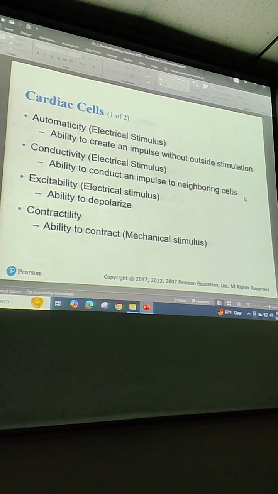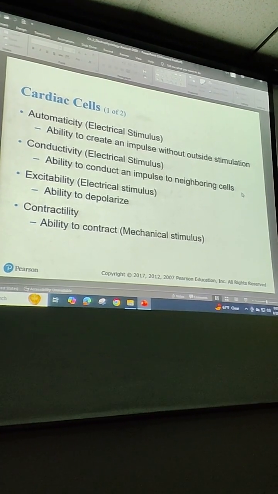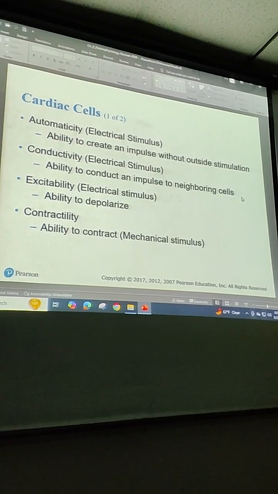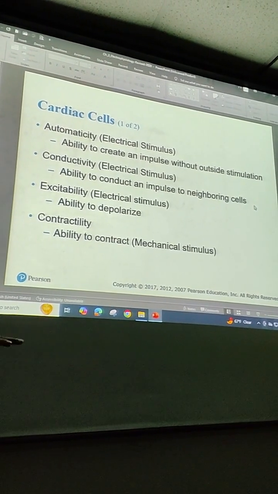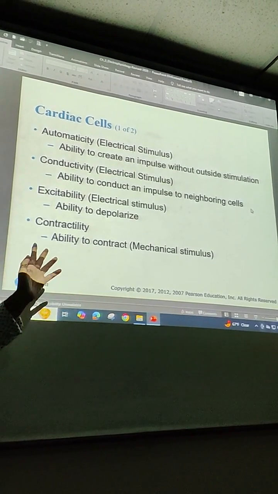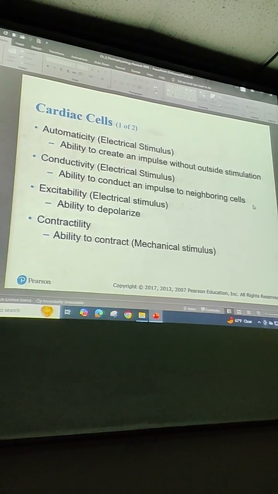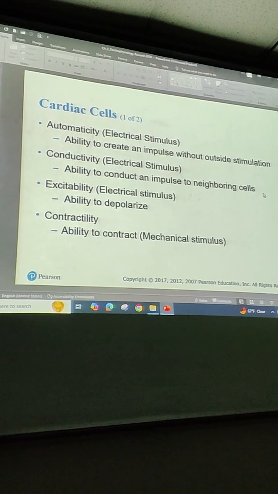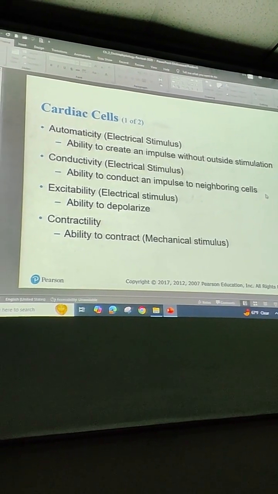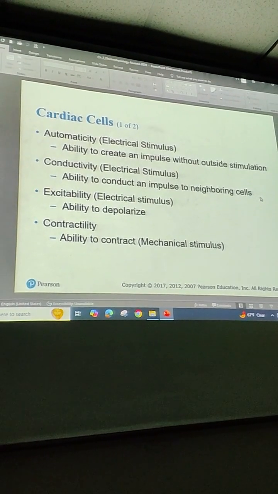Now, one of the major questions that might come out on your exam will be: which of the following characteristics of the cells of the heart is considered mechanical? Which one is it? Contraction. Contractions are mechanical. Everything else is not. Just look at this.